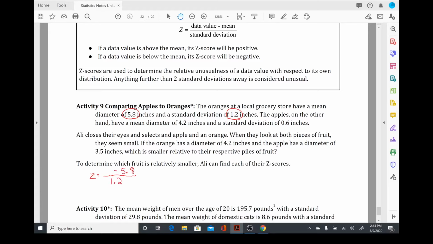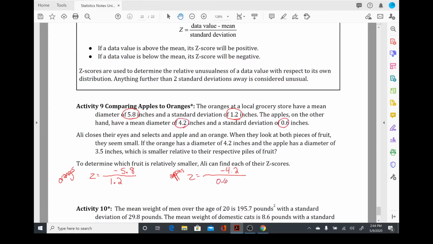This is all for oranges, so I should probably label that so I don't get confused. Oranges. All right, and then we have apples. Apples have a mean diameter of 4.2 and a standard deviation of 0.6. All right, so I used those.